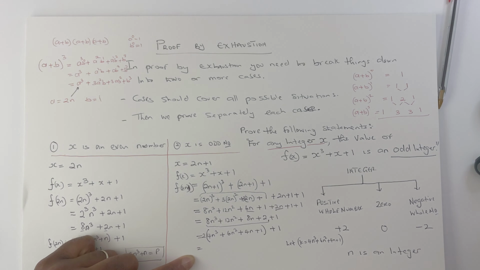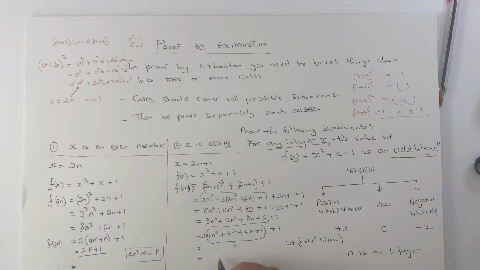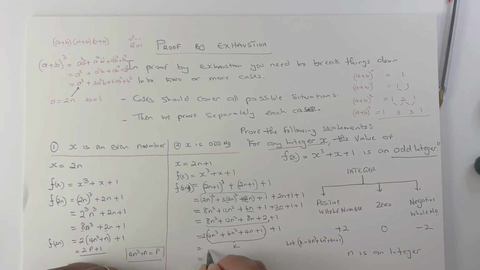I'm going to let k equal those, so all of these here is k. Closing to the end of the calculation now, I'm going to get 2k plus 1. So that's an odd number, so that's odd.